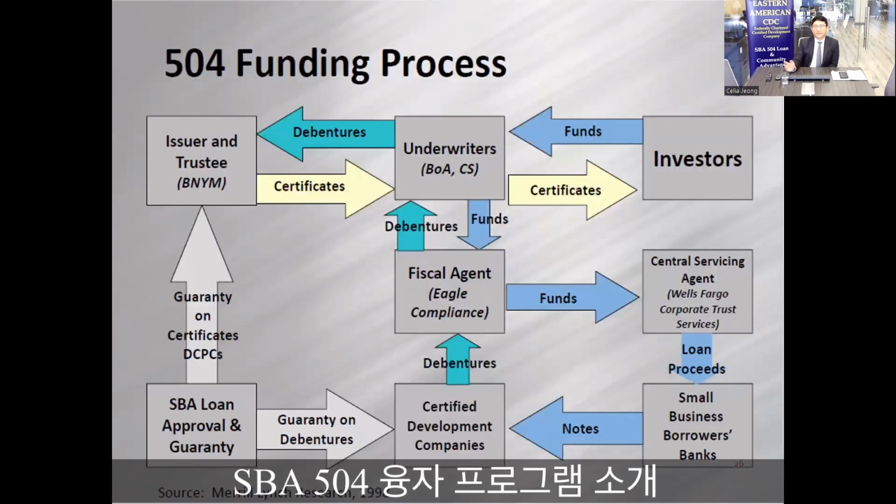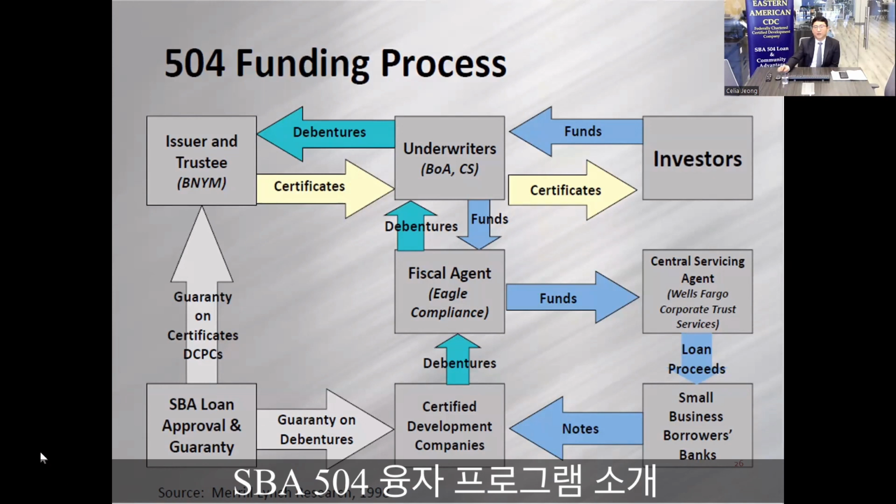Okay, this is how we fund the SBA process. When we close the closing package, we get our SBA guarantee and then get the SBA debenture from the SBA. Then the SBA only deals with BNY Mellon Bank, who is the debenture issuer or trustee.